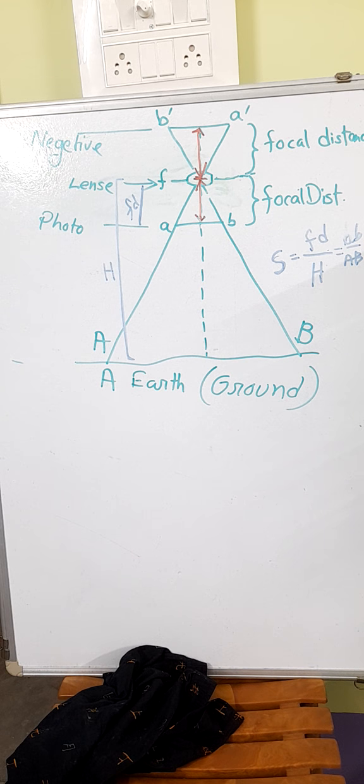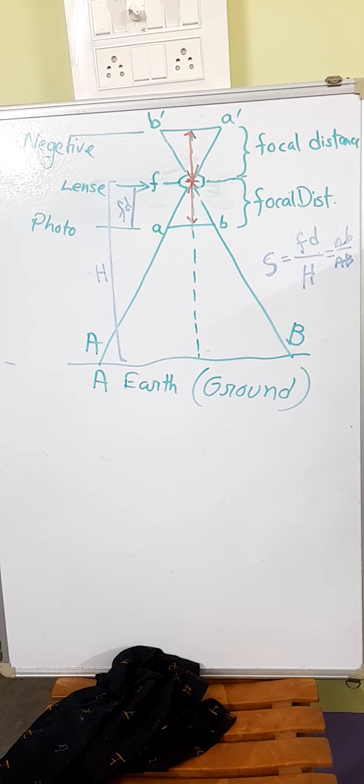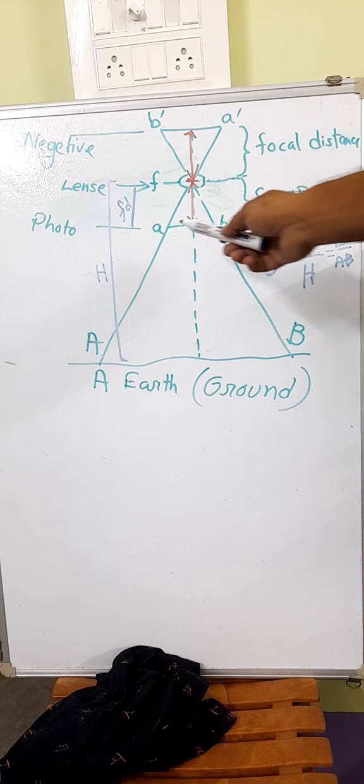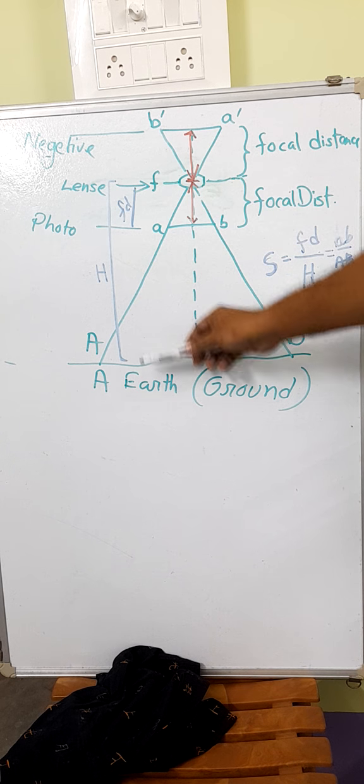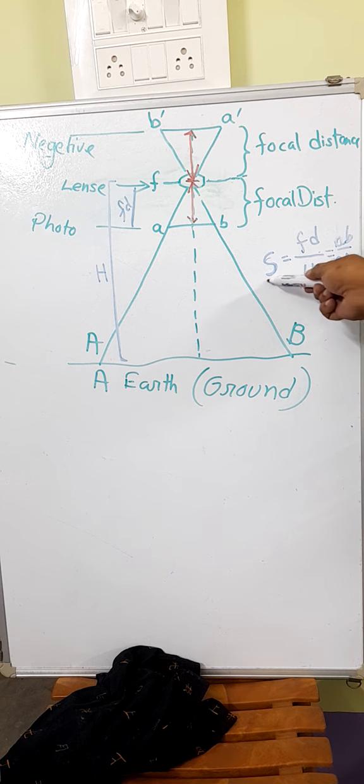Alright, so we can write it like that also, small ab divided by capital AB. That means photo distance by ground distance, or focal distance by height. So S is denoted as the scale of this aerial photograph.